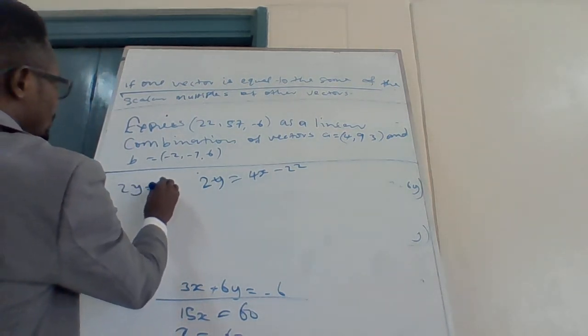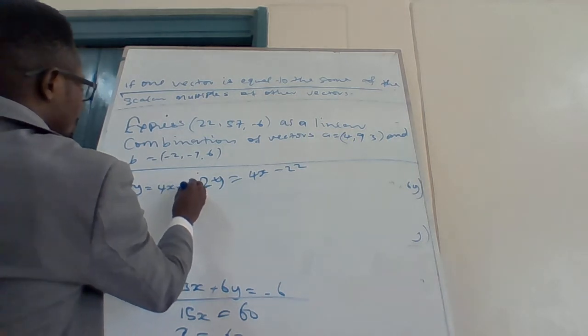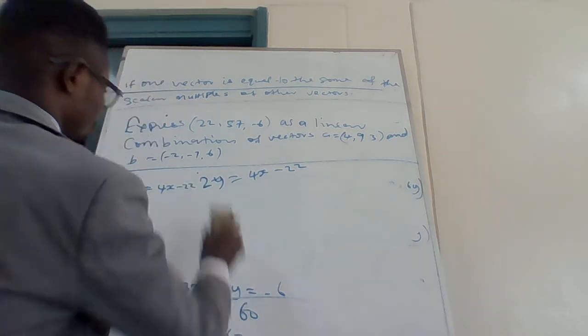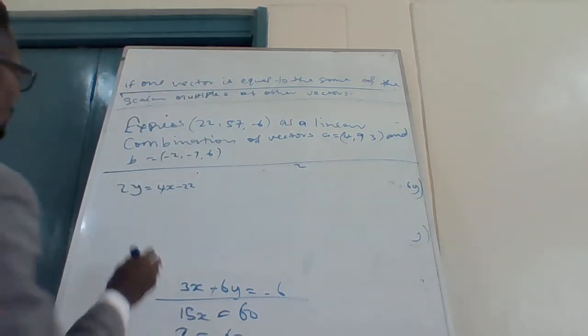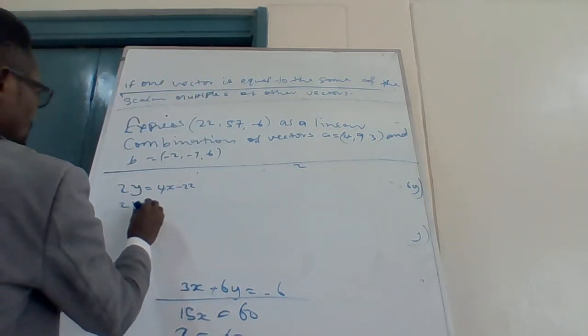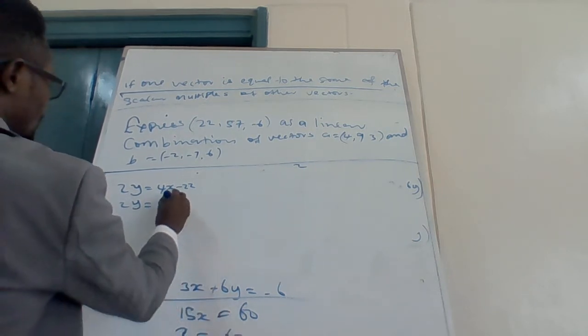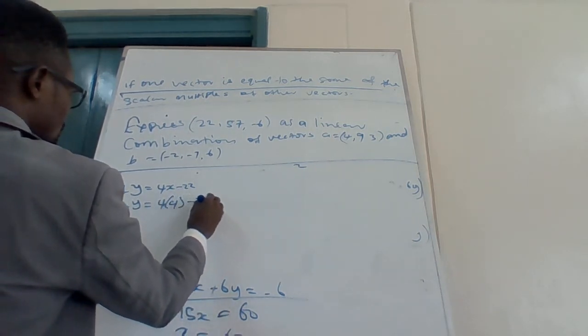To solve for the value of y, we will have 2y equals 4 times our x, which is 4, minus 22.